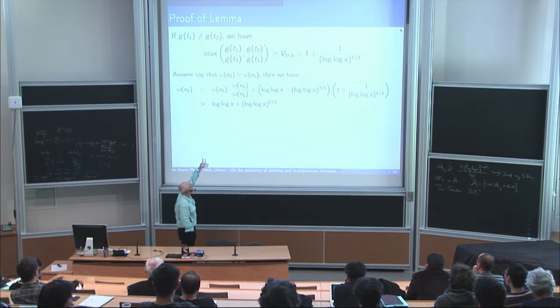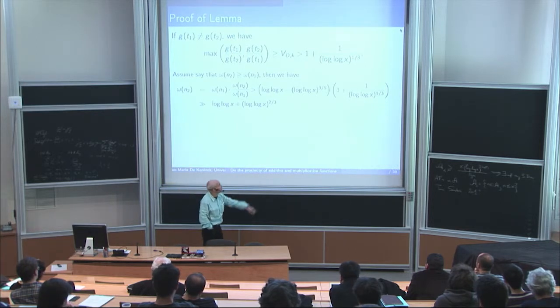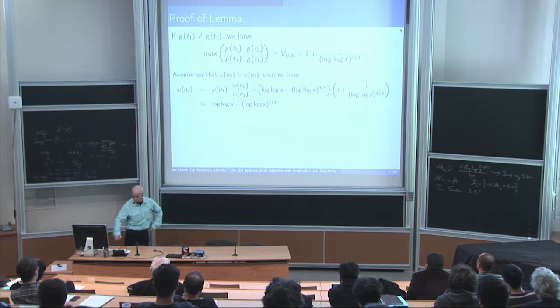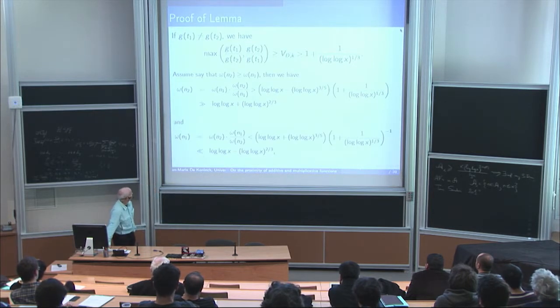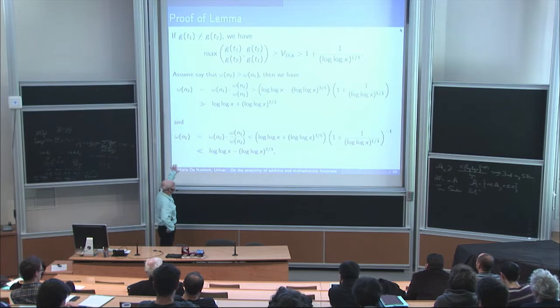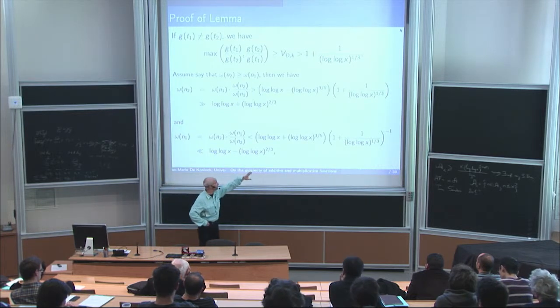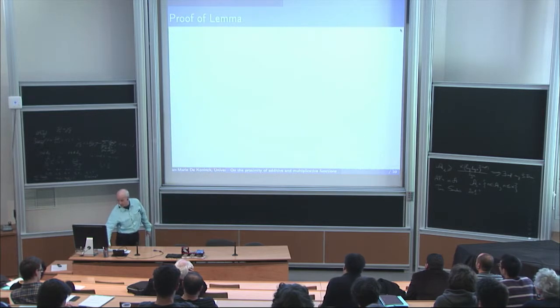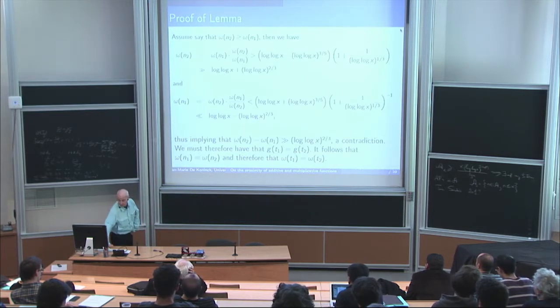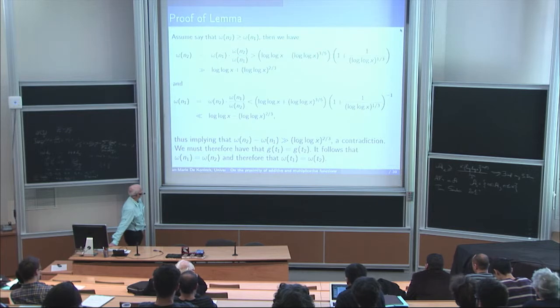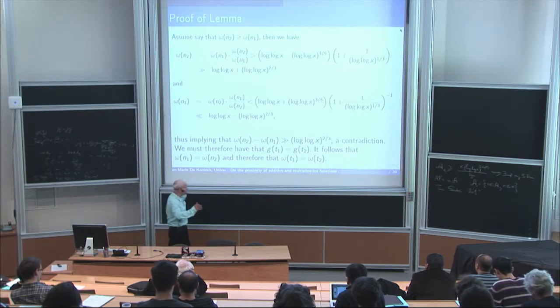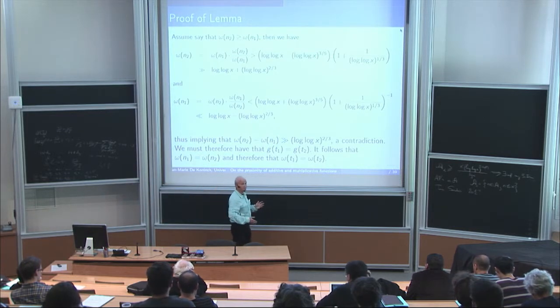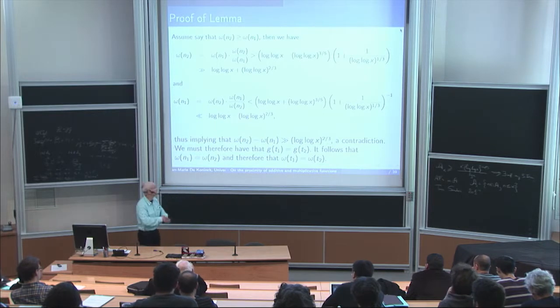And then this quotient up there, because of the second line up there, is bigger than 1 over log x. So we have that this is bigger than log x and so forth. And then the other way around, omega of n is too small. I do essentially the same kind of reasoning, and I get that it's too small. So if I repeat the slide there, the difference between omega of n2 and omega of n1 is too large. It's outside my interval. So it contradicts the fact that it was inside the interval.